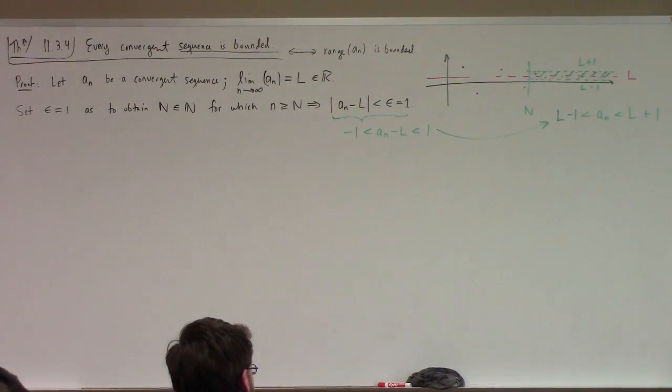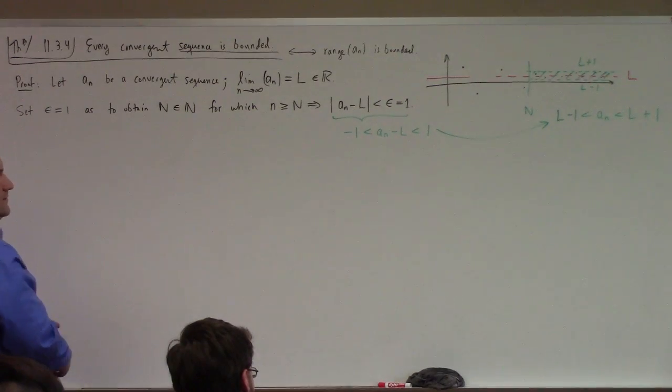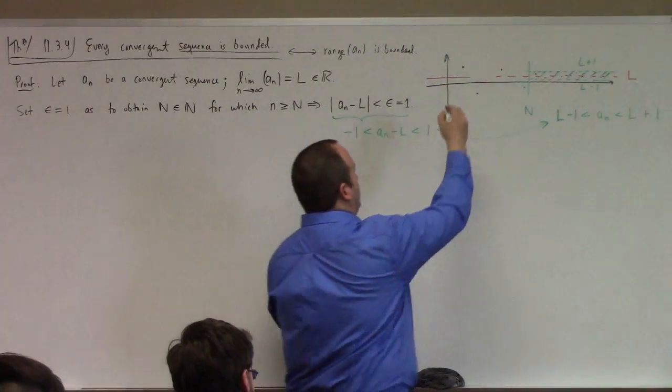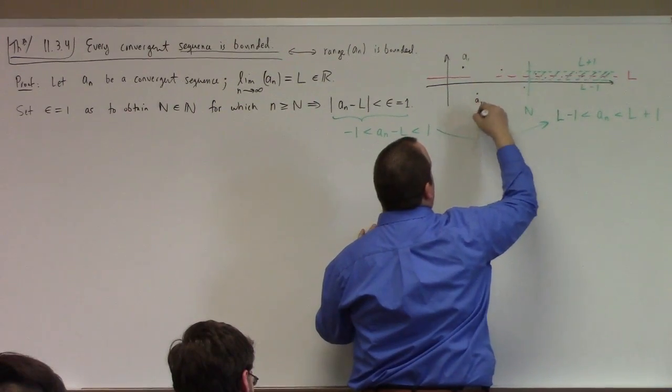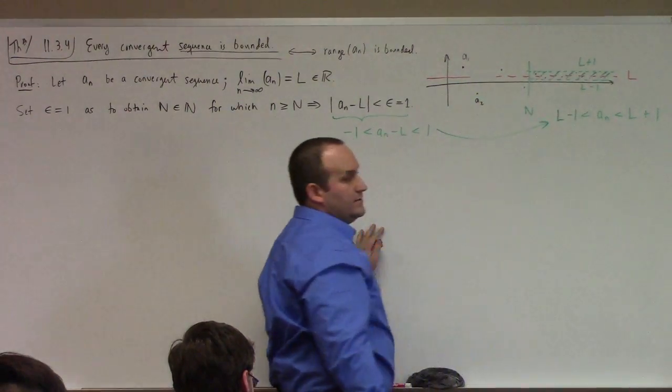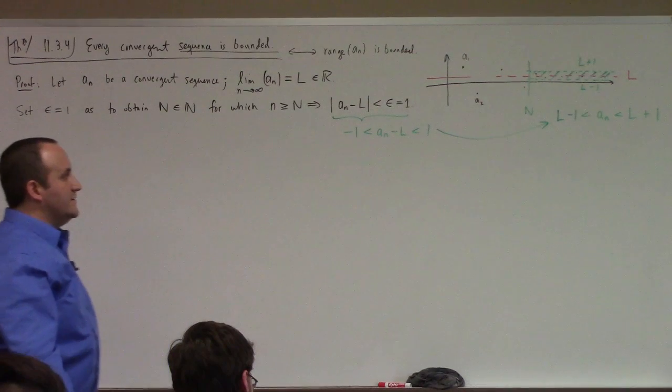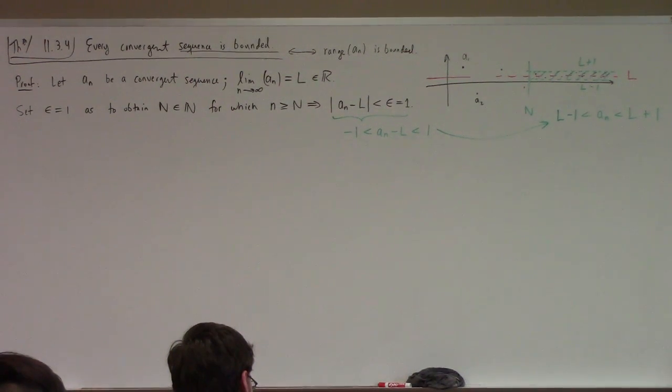So how do I get a bound on the whole thing? Because A1 could be bigger, A2 could be smaller. Before N, all bets are off. But how many things are before N?